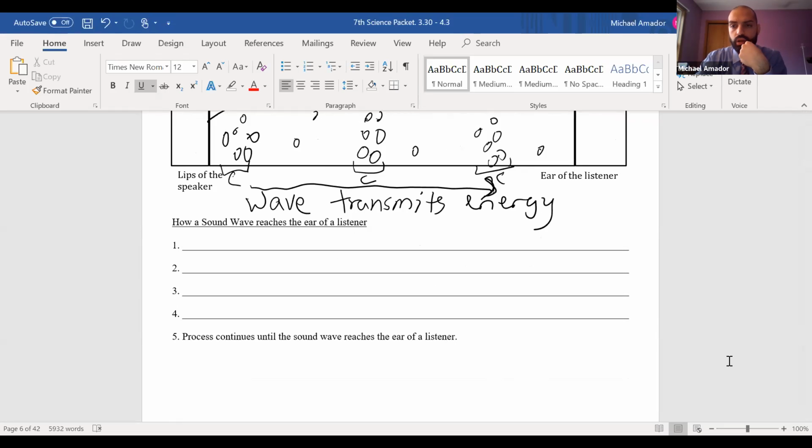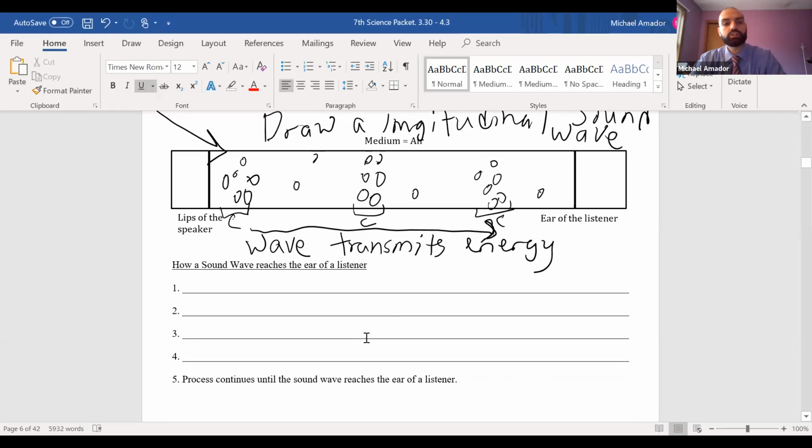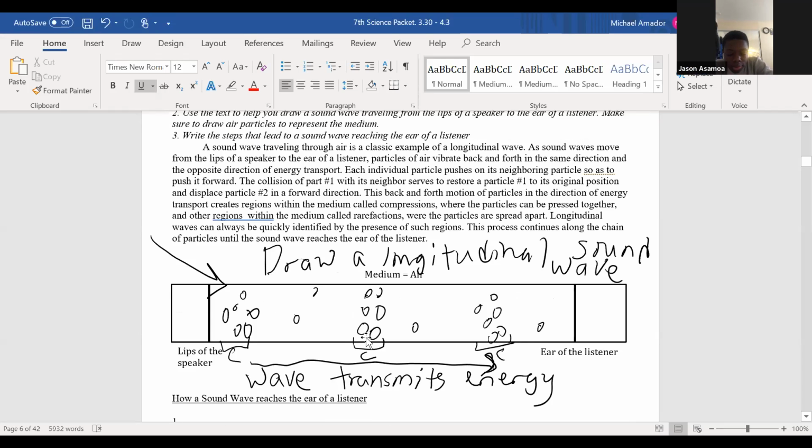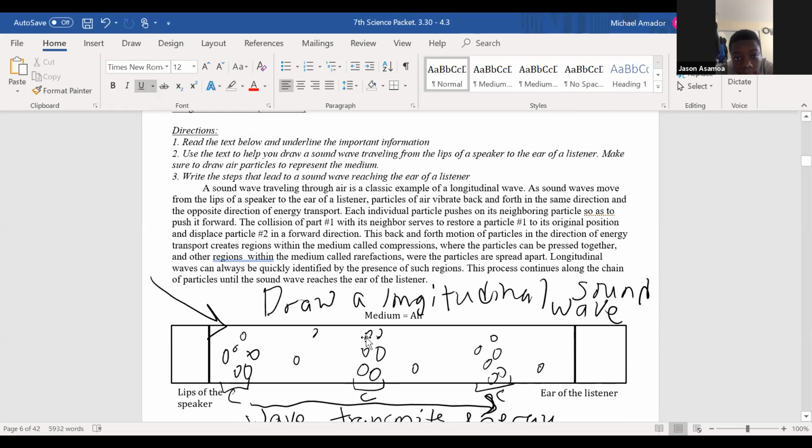Jason. Yes. What are the steps for how sound waves reach the ear of the listener? The steps of how we reach the ear of a listener is so, we do that.